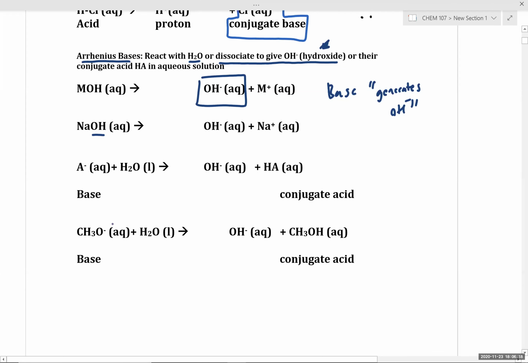In this case, it reacts with water, and in turn, we generate hydroxide. So these are the two major types of bases you will see: soluble hydroxide salts and species that react with water to make hydroxide. Is everyone comfortable with this so far?